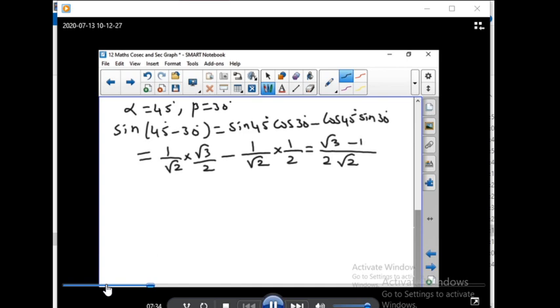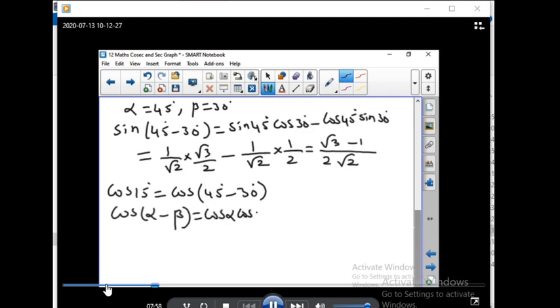Similarly, we now have to find cos 15. So cos 15 is equal to cos(45 minus 30). Here we are going to use the cos(alpha minus beta) formula. cos(alpha minus beta) equal to cos alpha cos beta plus sin alpha sin beta.